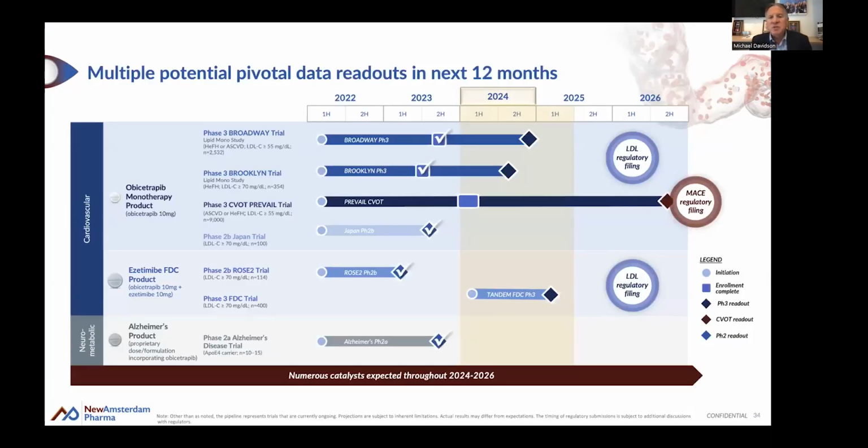And here's our phase 3 program. We have Brooklyn and Broadway fully enrolled. Brooklyn will read out first, in the third quarter of 2024. That's our FH patient population, with LDL still above 70 on high intensity statins and probable FH.